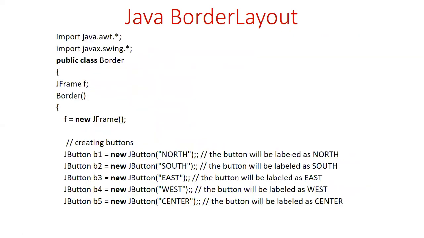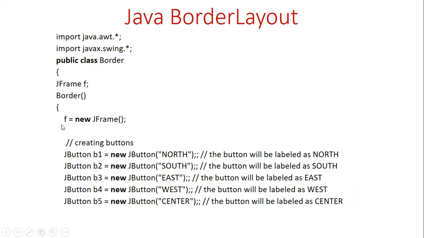Next, we are going to see an example program for border layout. In this example program, we are defining a class with the name border. Inside this border class, we are creating a frame object. Actually, this frame object is a container object. It can contain multiple components in it.